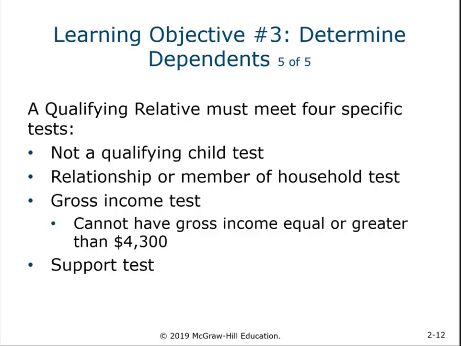You would stop there, if they're a qualifying child, and you'd say, oh, they're a qualifying child, they must be a dependent, we're all good. So don't think of it as, oh, well, therefore, if it's a child, they can't be a qualifying relative or something like that. Just think of it, I would not consider the qualifying relative test if they pass the qualifying child test.